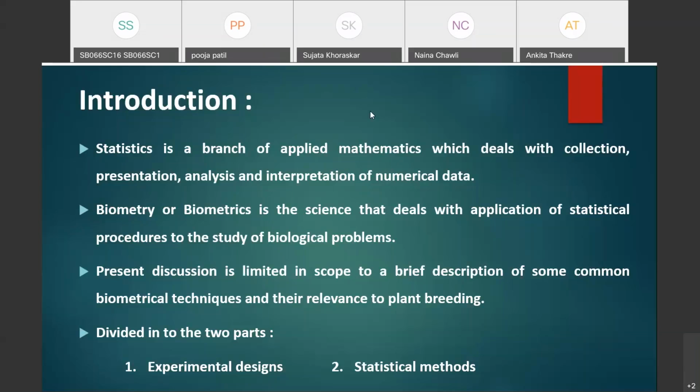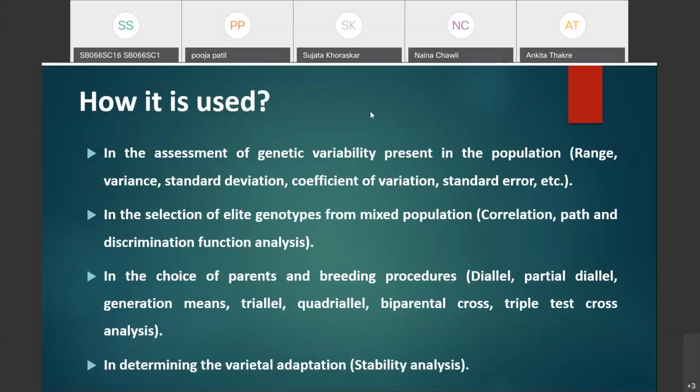Statistics is the branch of applied mathematics which deals with the collection, presentation, analysis, and interpretation of the numerical data, while biometry or biostatistics is the science that deals with the application of these statistical procedures to the study of biological problems. Then what is the importance of biometry in plant breeding, and how is it used?